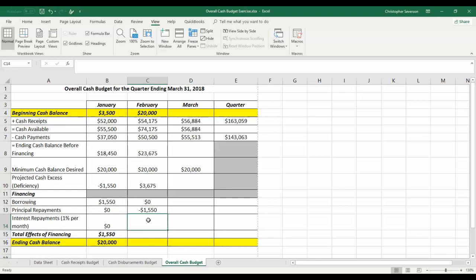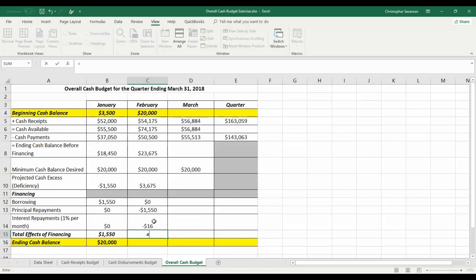And we also have interest to worry about. It's going to be a negative number because we're paying cash out. But what it is, we only borrowed for 1 month. So remember I said 12% per year divided by 12 months is 1% per month multiplied by the amount we borrowed. And I intentionally have the negative there because it's going to be a negative $16 cash outflow.